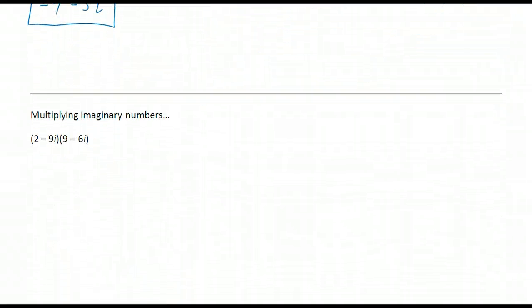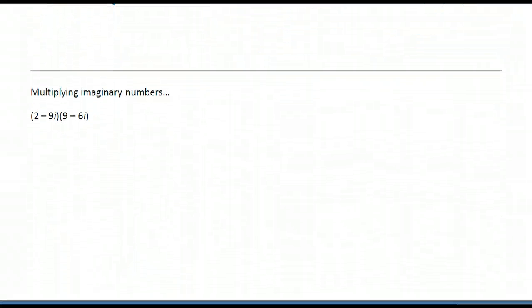Let's look at multiplying imaginary numbers. 2 minus 9i times 9 minus 6i. And I'm multiplying in between these two imaginary numbers. Well, in order to multiply, I need to make sure that I distribute. So I'm going to take 2 times 9, which is 18, then 2 times negative 6i, which is negative 12i.